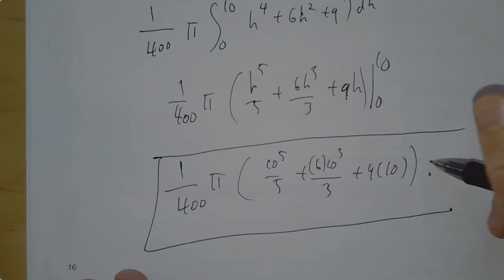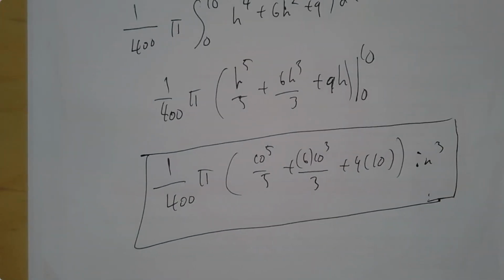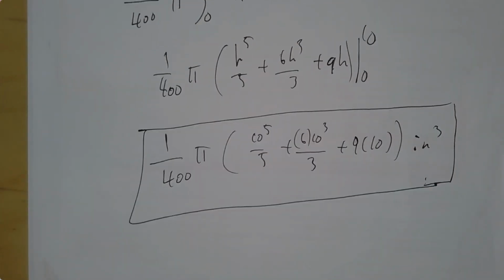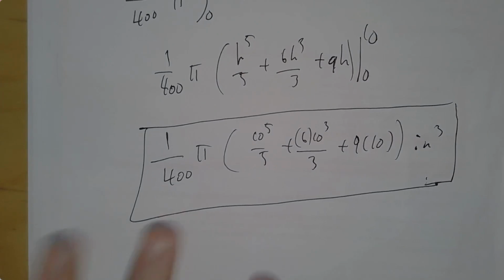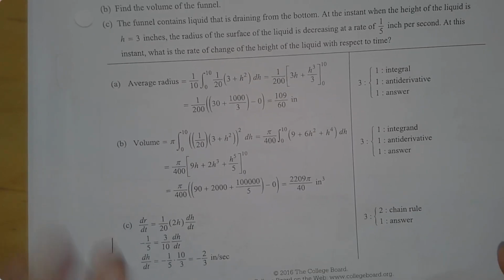And I'm just going to say inches cubed. Okay. That's fine. I really encourage you not to simplify, not to make mistakes. Just leave it. Once it's in a form where a scientific calculator could do it, it's fine. I think that's such a stupid rule, to be honest with you, that they take points off.